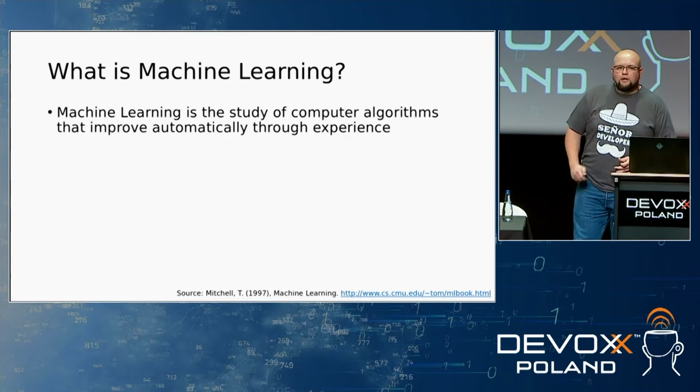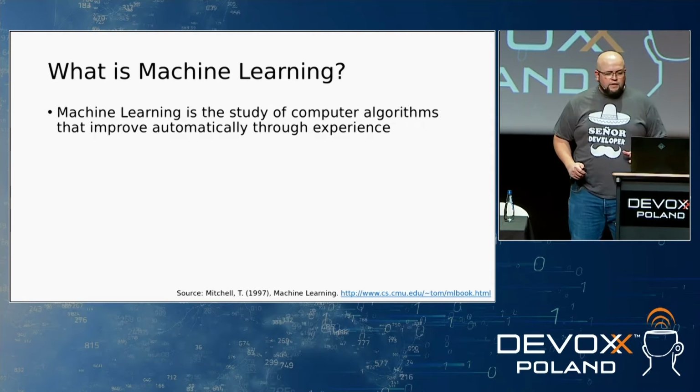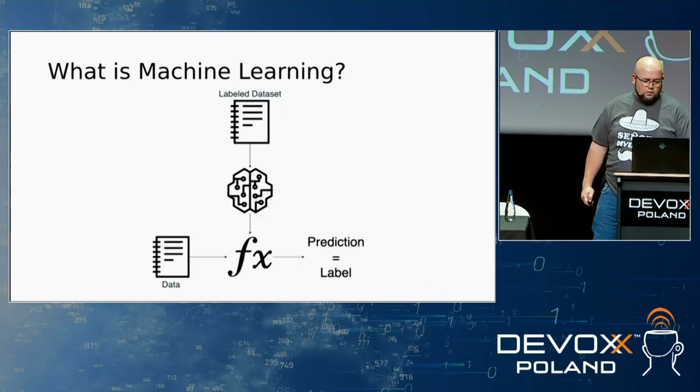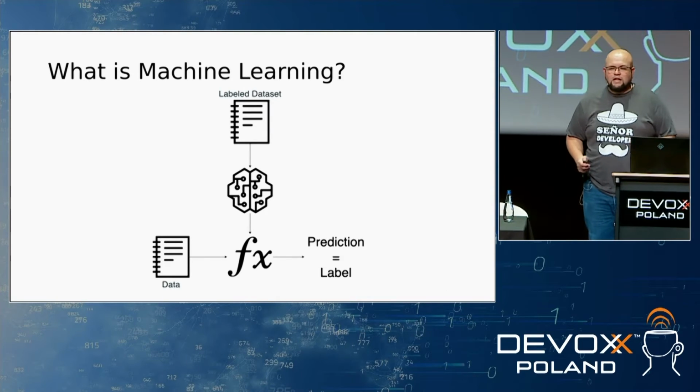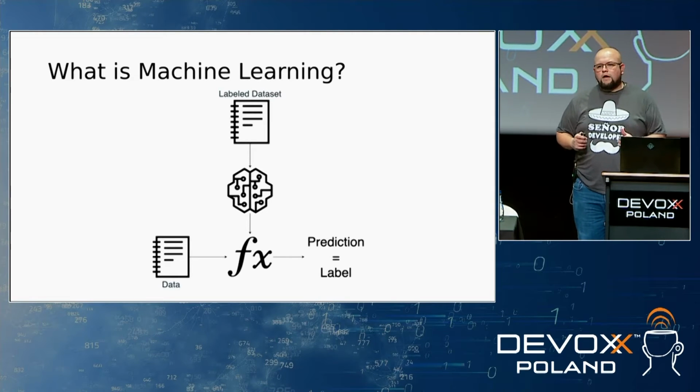So, what is machine learning? Machine learning is a study of computer algorithms that improve automatically through experience. The idea is that if you have a labeled data set, we can process it in such a way that it will find a mathematical function representing the relationships between the data and the label.